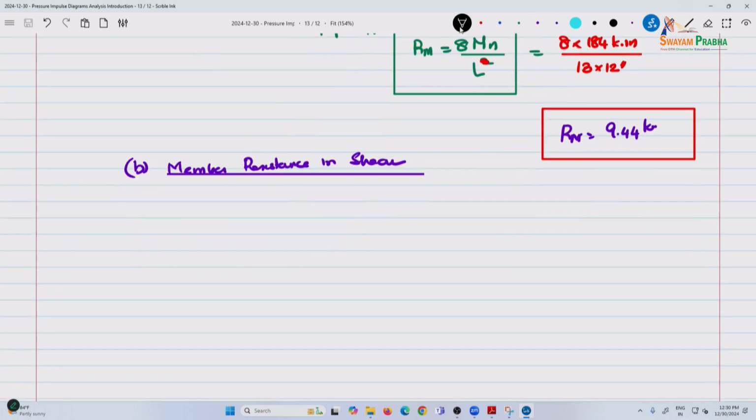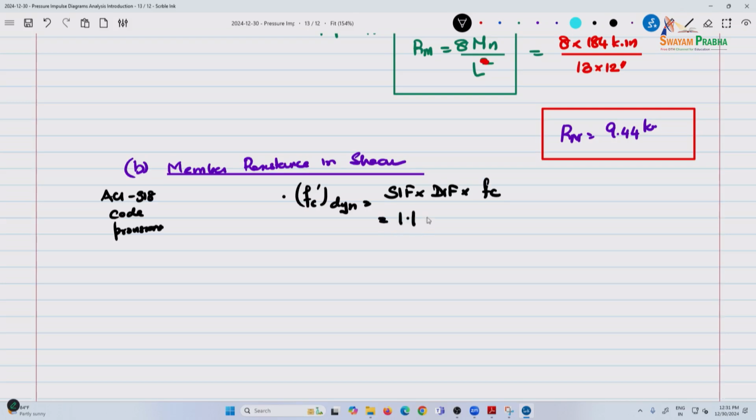So the member resistance in shear, again these are ACI 318 code provisions. fc prime dynamic is now SIF multiplied by DIF multiplied by fc. Now in shear, the SIF is still considered, but the DIF is 1.0.